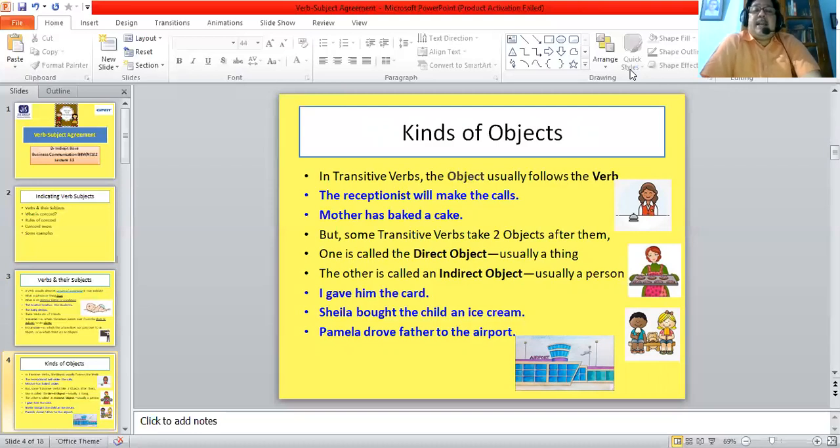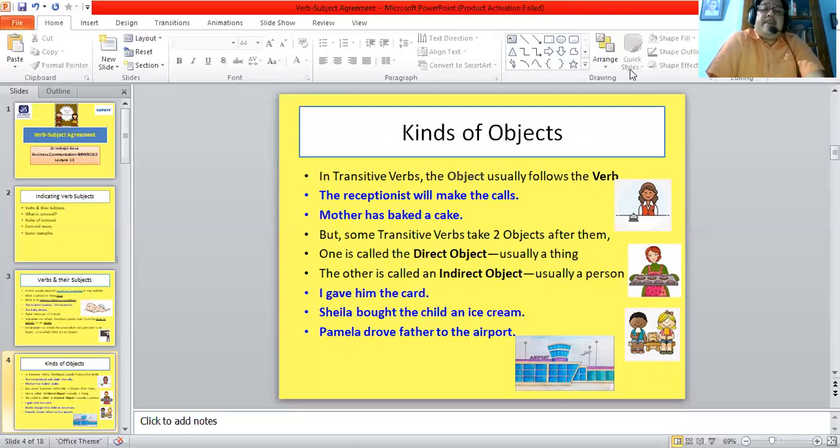Like Sheila bought the child an ice cream. So ice cream is the direct object and child is the indirect object of the verb bought. I gave him the card. The card is the direct object and him, or he rather, is the indirect object.